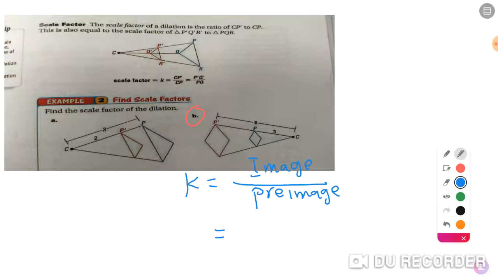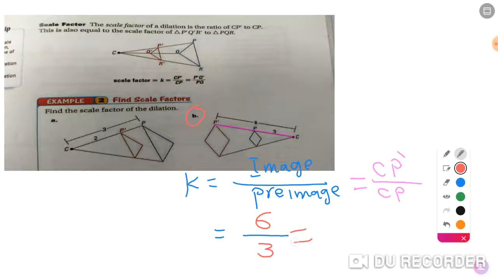Since we have some length, let's substitute. Image simply equals the image length, from the center of dilation passing through P until we reach P prime. So it will be CP prime over CB. We are given CP prime equals 6, and CB, which is the pre-image length, equals 3.